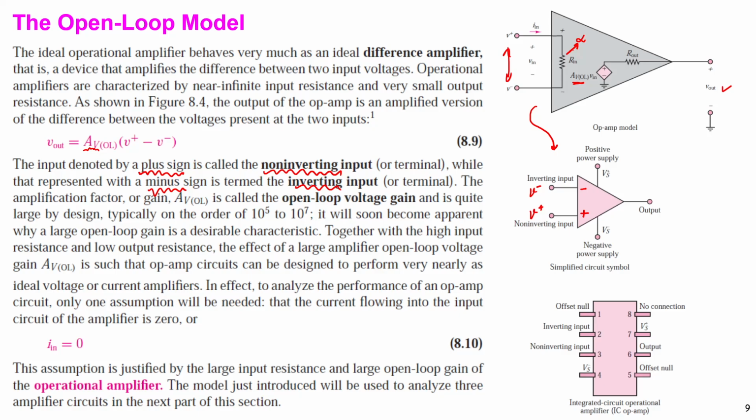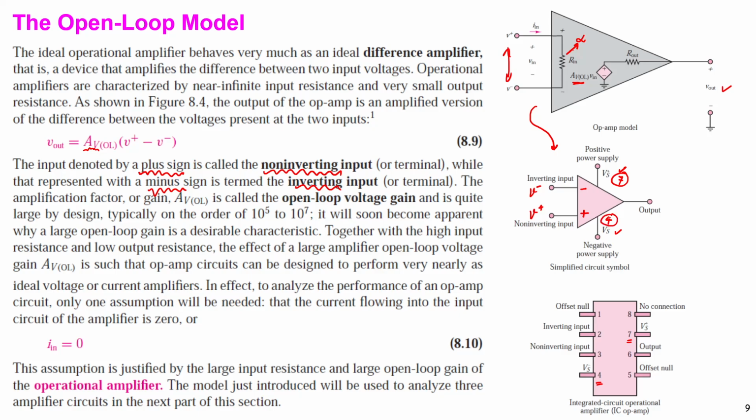So we supply the voltage to pin number 7 and pin number 4, like this. This is pin number 7 and this is pin number 4.